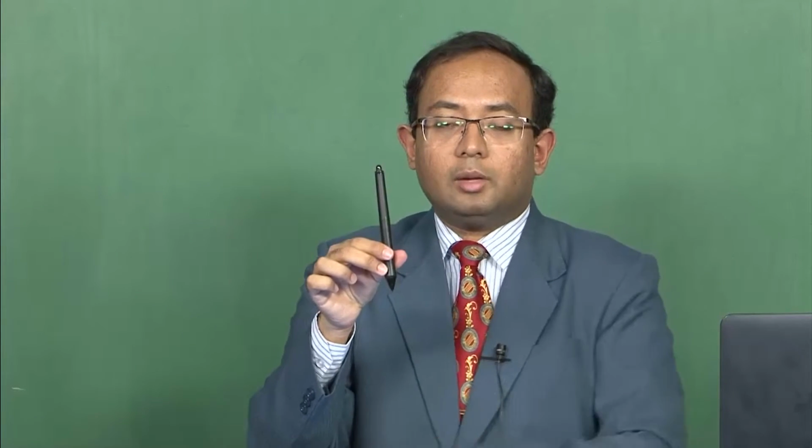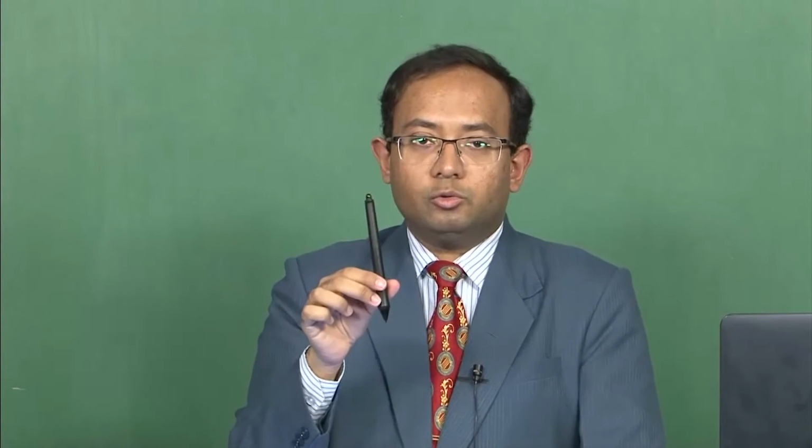Now if you are making this pen at a lower cost, in that case the affluence of the people will be more, because say a person has 100 rupees, so he will be able to purchase 10 of these pens. On the other hand, if you produce this pen at a larger cost, say 20 rupees, any person will be able to afford only 5 of these pens.